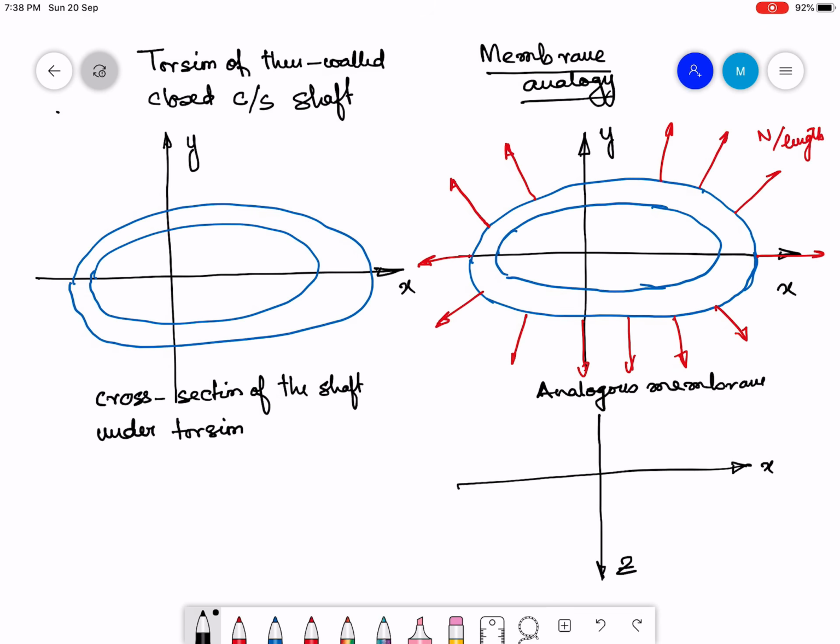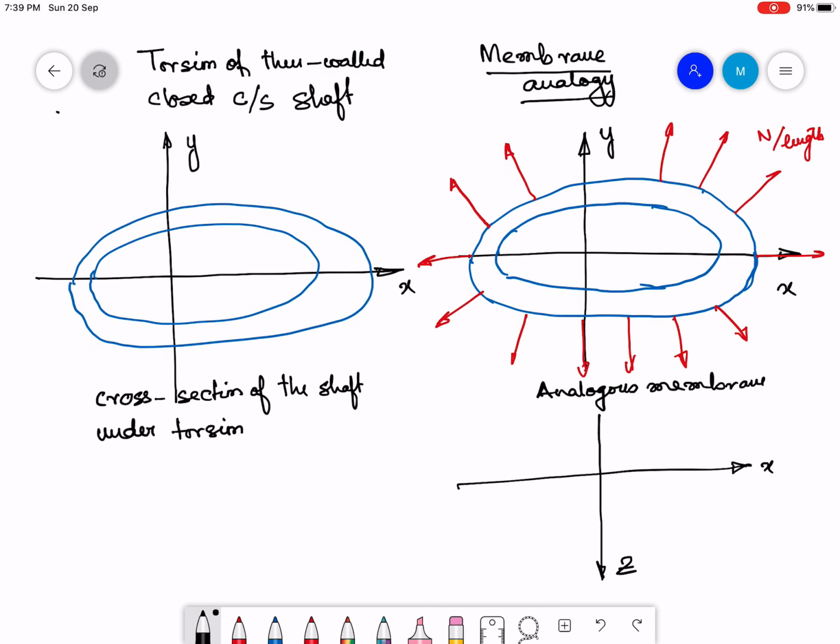So in the last lecture we have solved problems on thin wall cross section shaft, but it was open cross section. For example, a C cross section shaft, annular cross section shaft with a slit that you have done for your class test. Okay, so we know how to solve such problem.